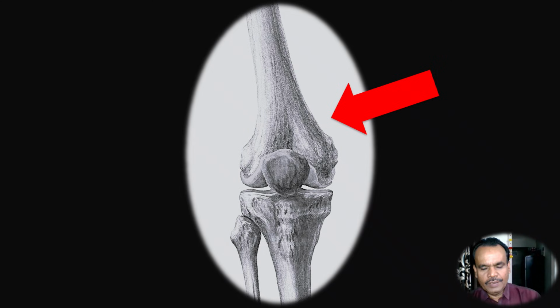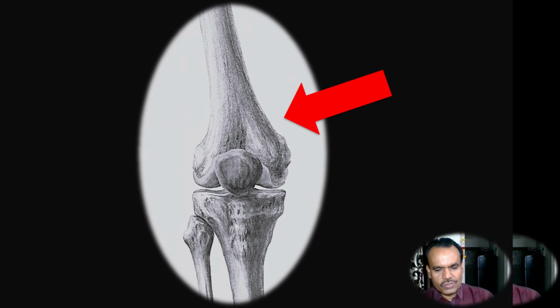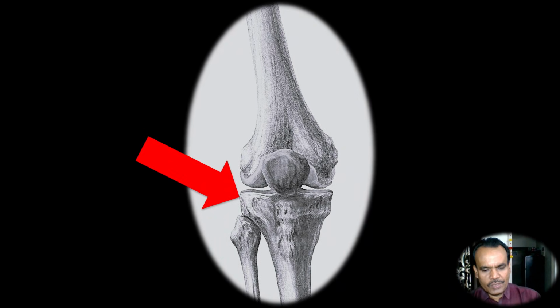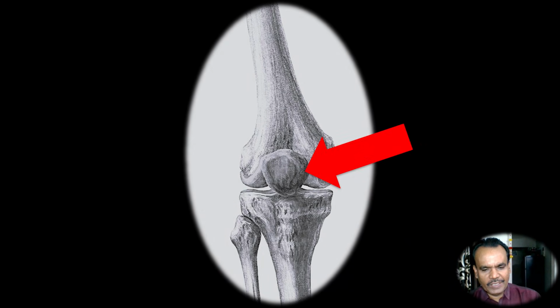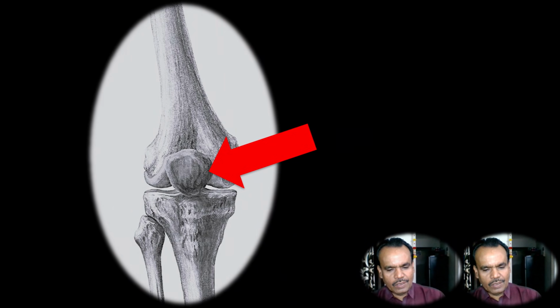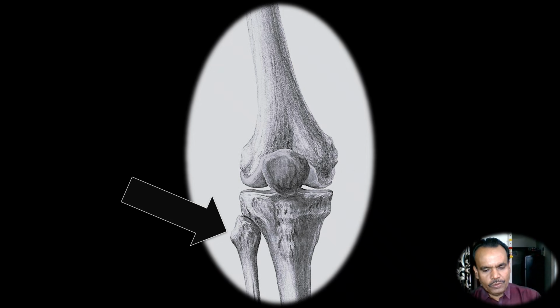You can see that this is the lower end of the femur, this is the upper end of the tibia, and this is the patella. Now you can also see the head of the fibula here, but it does not directly participate in the formation of the knee joint.